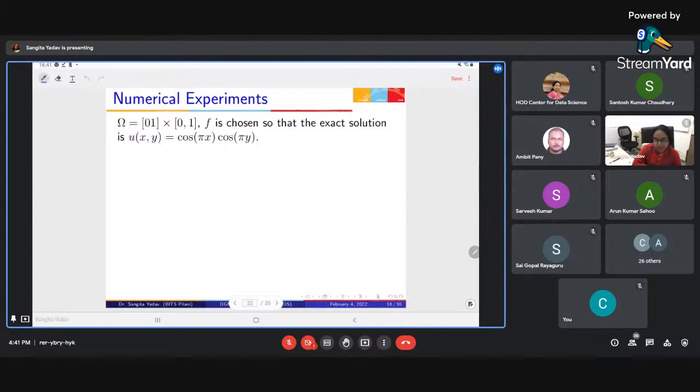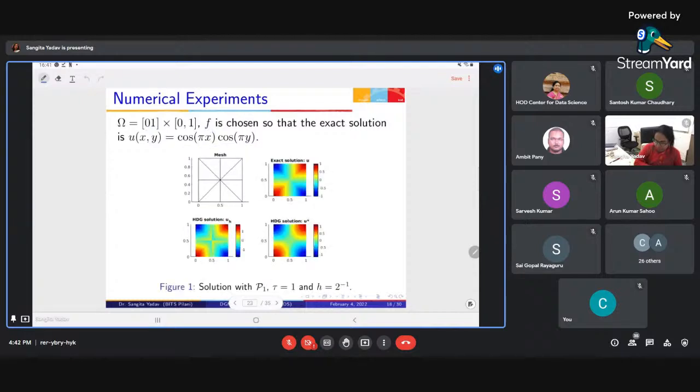Yeah. So here, just for this demonstration, we have chosen omega to be a square domain, and we have chosen this f in such a way that the exact solution turns out to be cos pi x, cos pi y. So for this, we compute the solution using linear polynomials, choosing the stabilization parameter as 1 and the mesh size h as half.